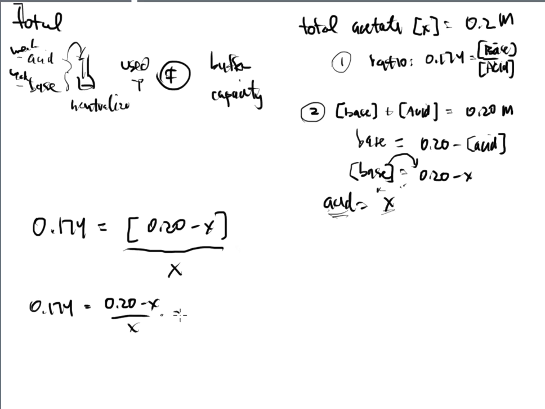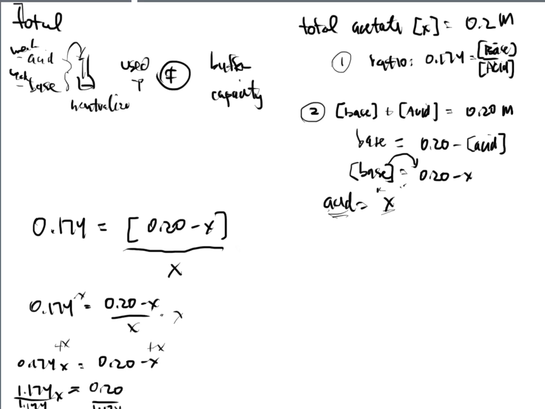So I'm going to multiply each side by x, and that gives me 0.174x is equal to 0.20 minus x. Then I'm going to add x to each side, and this gives me 1.174x is equal to 0.20. And then to solve for x, I'm going to divide by 1.174.